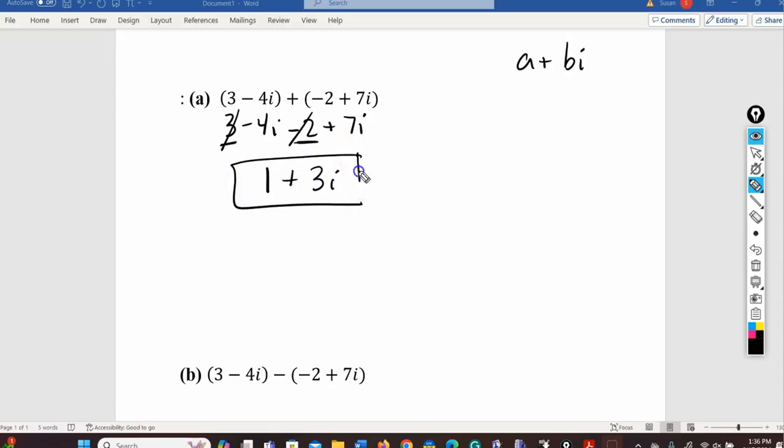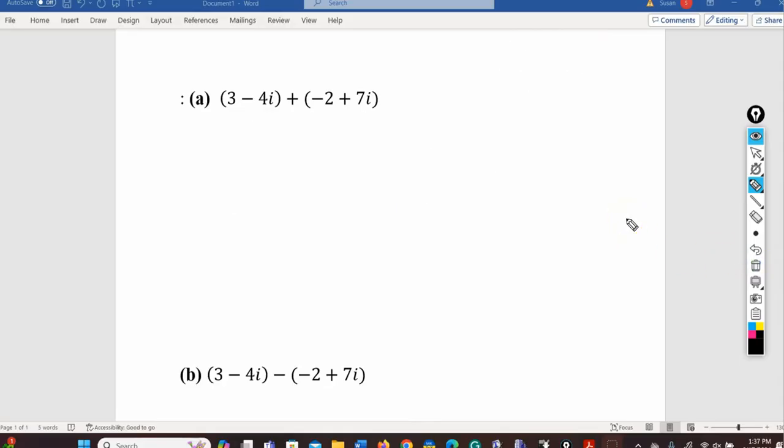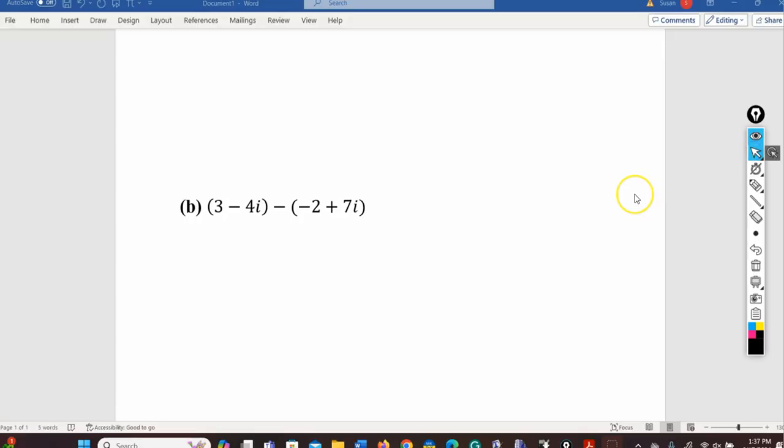And that's our answer. It's in standard form. So the real part is 1, and the imaginary part is 3, not 3i. Okay, and now if I look at part B, if I'm going to add, there's nothing out the front.